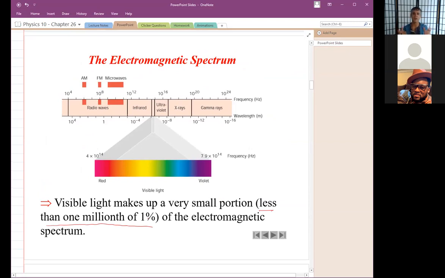So basically, we are blind to all forms of light except this very narrow region of the electromagnetic spectrum that we are sensitive to. Now, some people can see higher frequencies than others. Some animals can see into the ultraviolet portion of the spectrum, but we as humans can only see a very small portion of the entire electromagnetic spectrum.